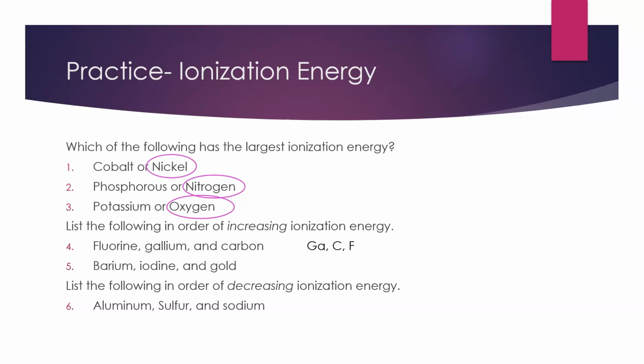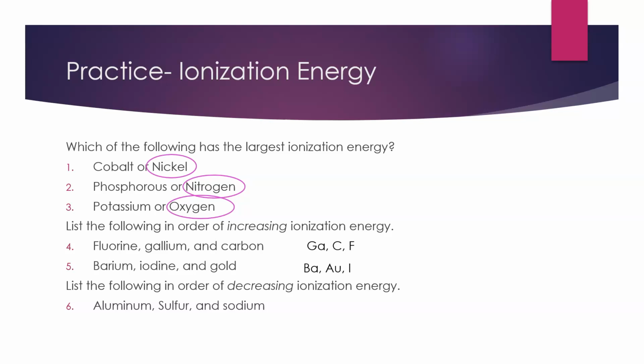So that put gallium as our smallest, then we moved up the periodic table to carbon and finished off with fluorine. As far as barium, iodine, and gold is concerned, barium has our lowest in that group, gold is next, and iodine has our highest ionization energy of that group.